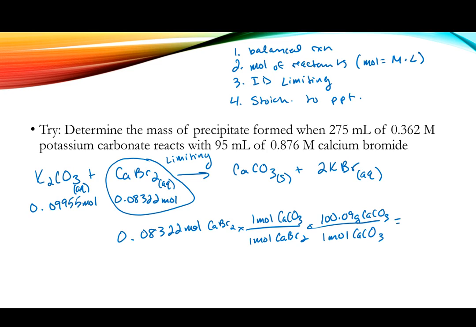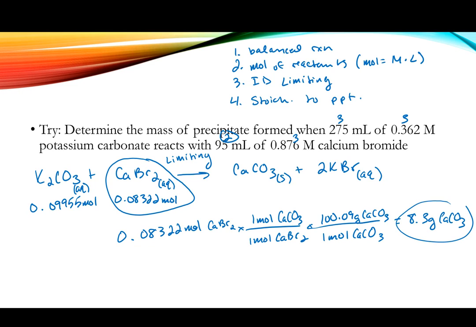When I solve that, I get 8.3 grams calcium carbonate. Again, sig figs, I was given 3 there, 3 there, 2 there, 3 there. 2 is my fewest, so my answer goes to 2.